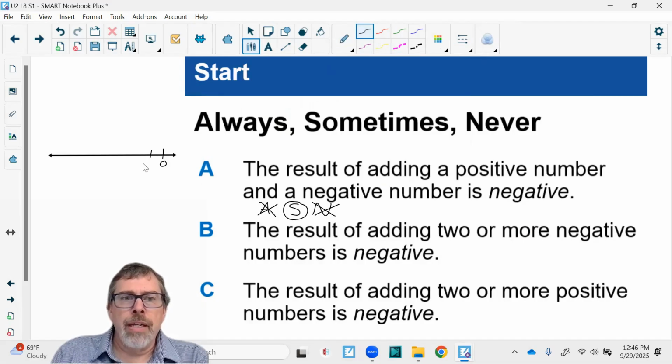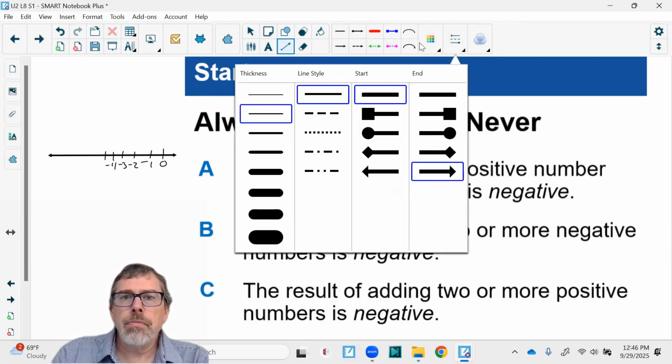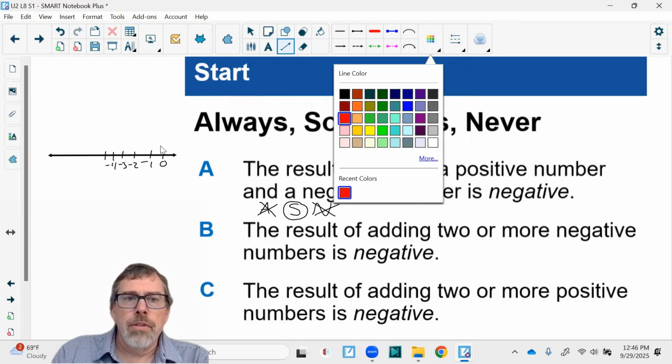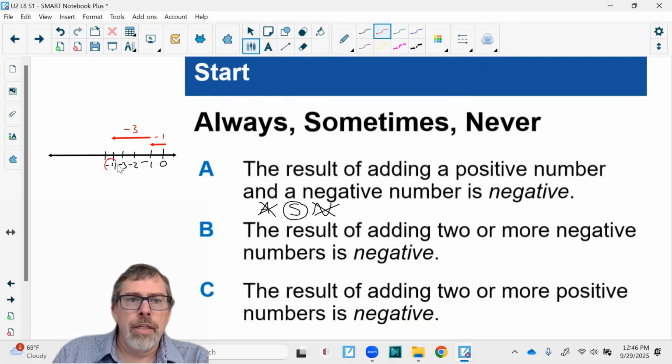So if I start with negative 1 and I add a negative 3 to it, it would look like this. Start at 0, go to negative 1, start at negative 1, go to negative 4. So this is negative 1, and this is negative 3, totaling negative 4.